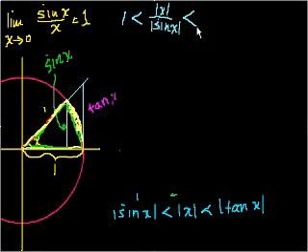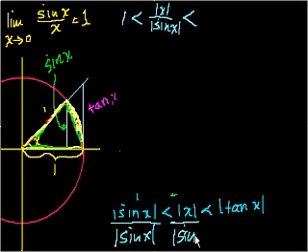which is less than, what's the absolute value of tan? So all I'm doing is dividing by the absolute value of sine of x each time. So what's the absolute value of the tangent of x divided by the absolute value of sine of x? Well, tangent is just sine over cosine.